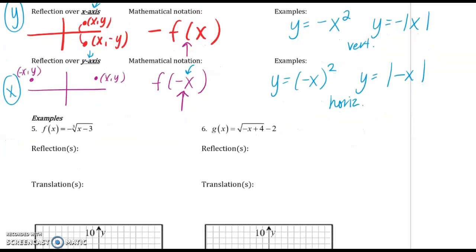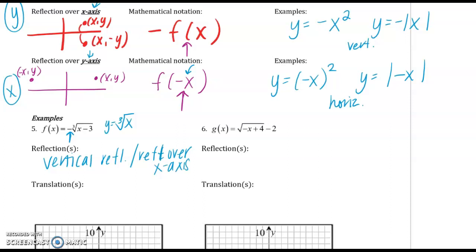So let's look at an example. The parent function here is going to be the cube root of x, right? So this, since it's out front, it's going to affect my y's. So this is going to be a vertical reflection, or you can say a reflection over the x-axis, right?